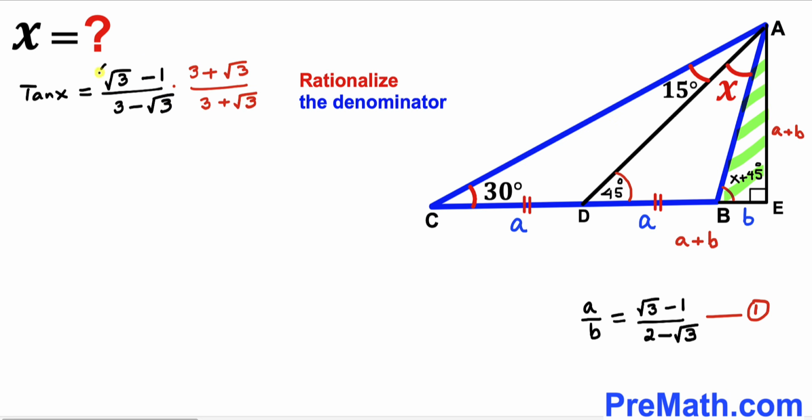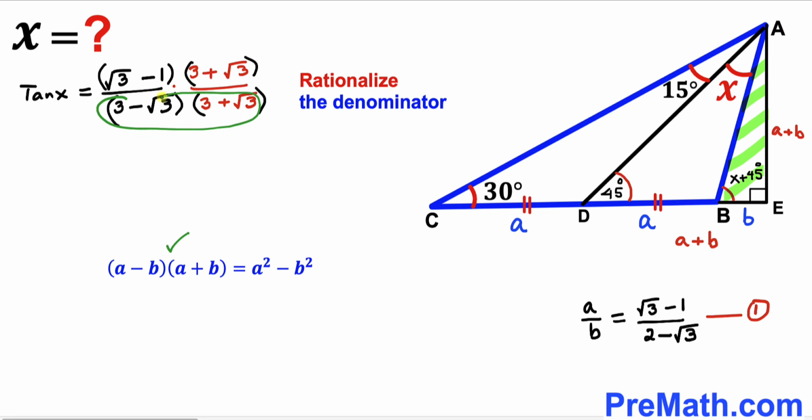And now we are going to multiply these numerators on the top, and we are going to multiply these denominators as well. And now let's recall this famous identity, (a minus b) times (a plus b) equals a square minus b square. We are going to apply it on the denominator.